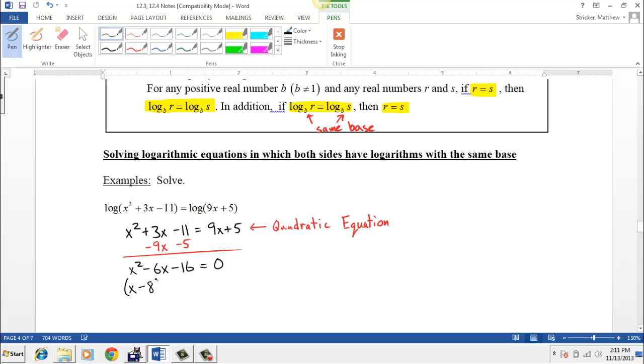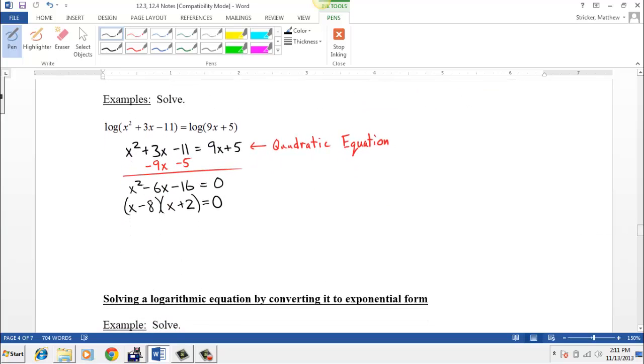We get x minus 8 and x plus 2 equals 0. Which gives us x minus 8 equals 0, or x plus 2 equals 0, which gives us x equals 8, and x equals negative 2.